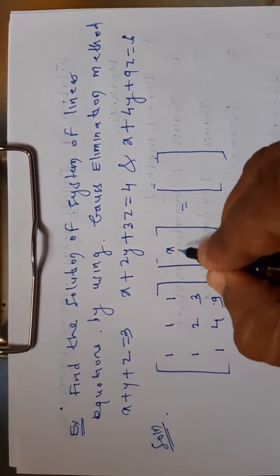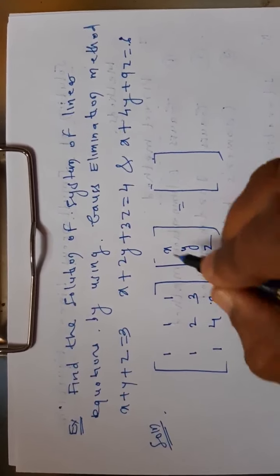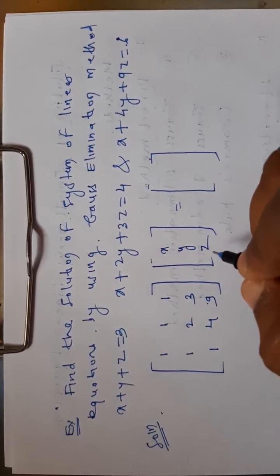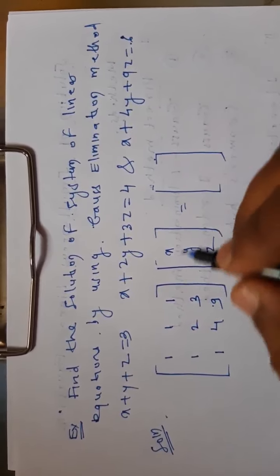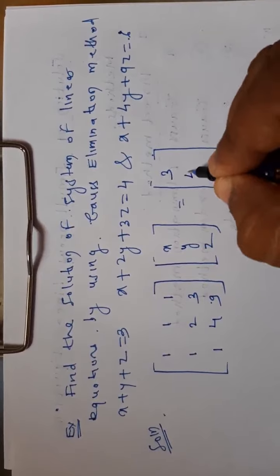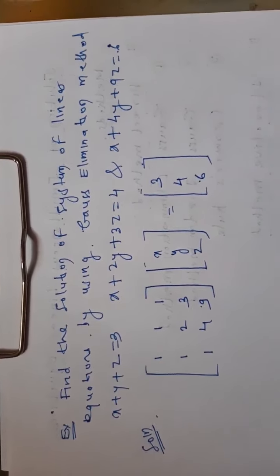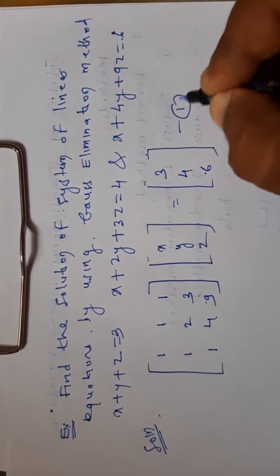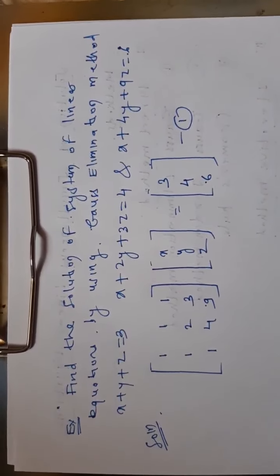This is matrix X, the unknowns, and in column matrix B I will write 3, 4 and 6. I will denote this as equation number 1.